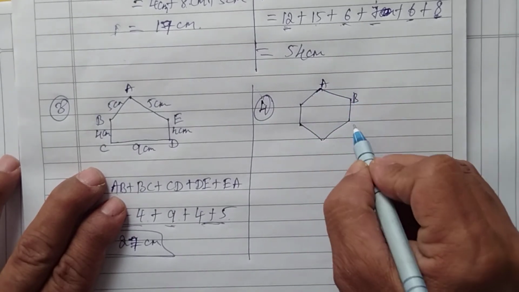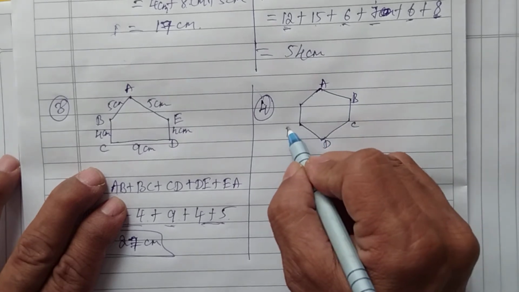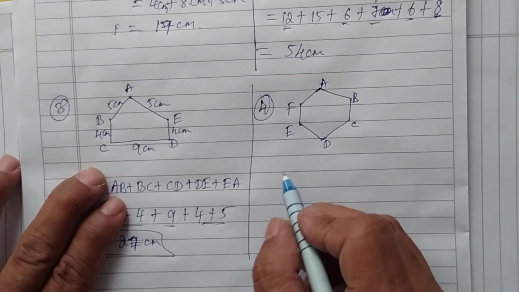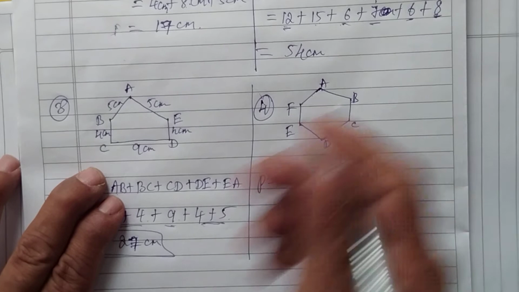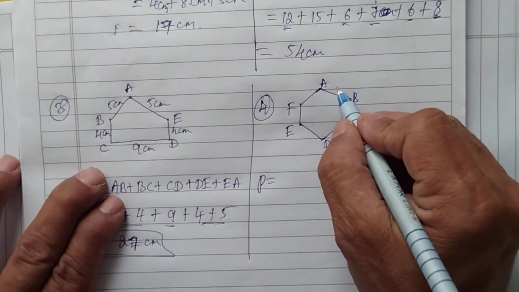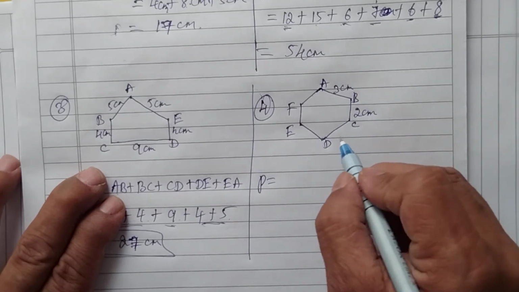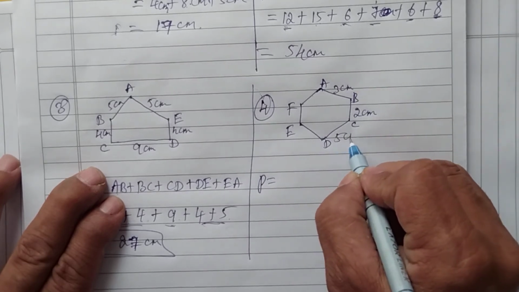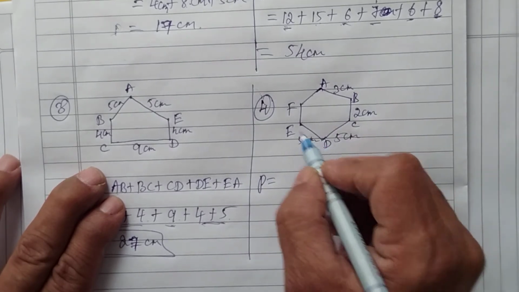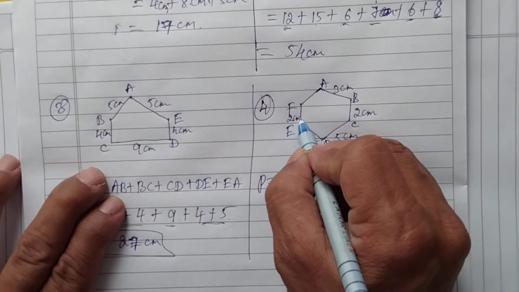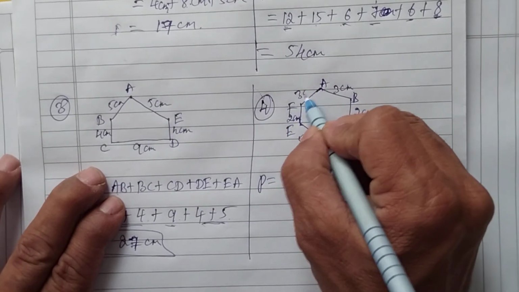A, B, C, D, E, F. Now you see perimeter: 3 centimeter, 2 centimeter, 5 centimeter, 5 centimeter, 2 centimeter and 3 centimeter.